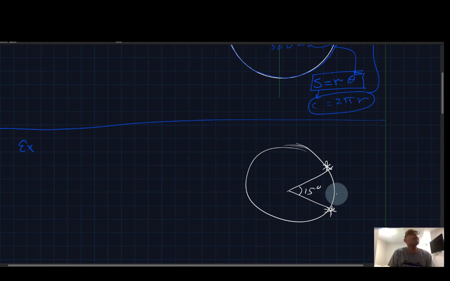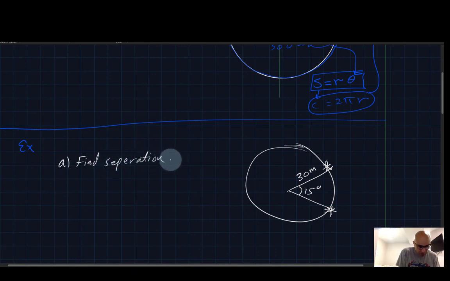Now the question is, if the radius is given to be 30 meters, first of all, find the separation between the 2 cars in rads.